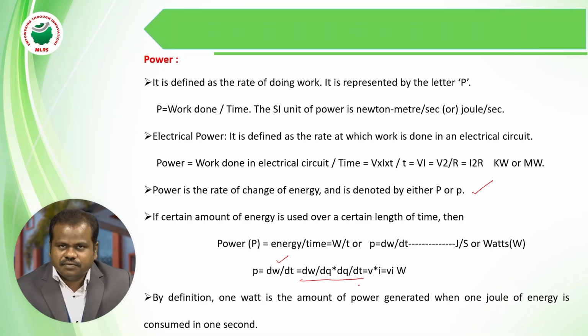From the basic definition of voltage, dW by dQ stands for voltage, and the second term dQ by dt stands for current. Therefore, we can define the unit of power as volt ampere or simply watt. So 1 watt is the amount of power generated when 1 joule of energy is consumed in 1 second.